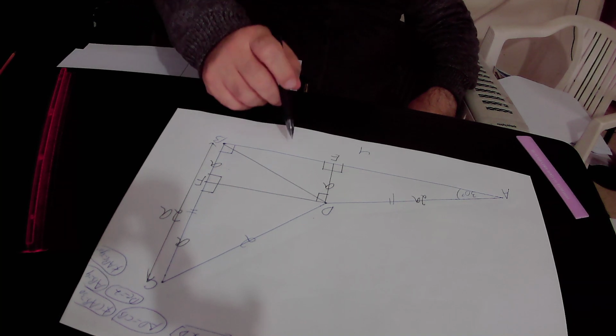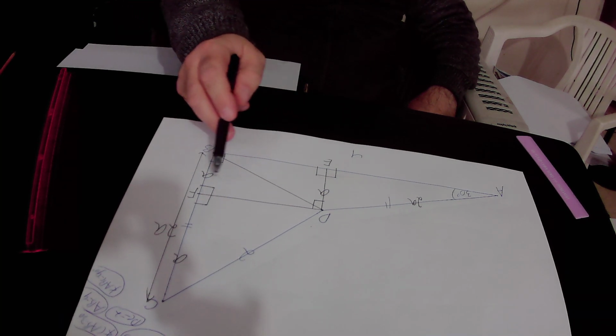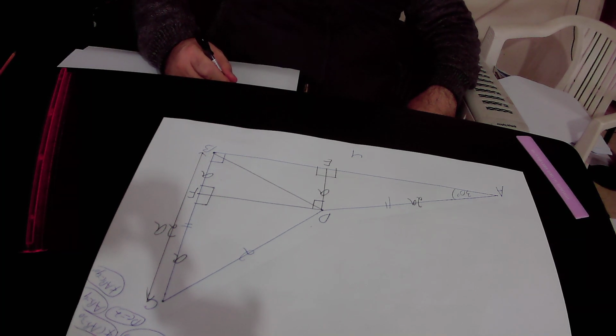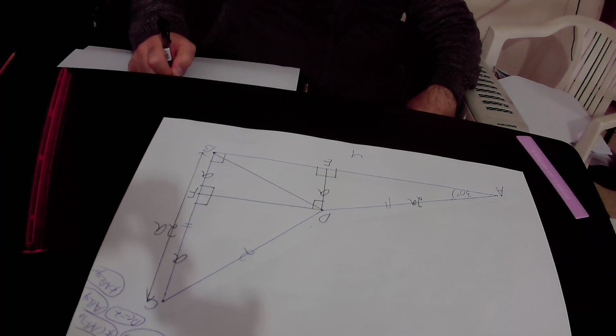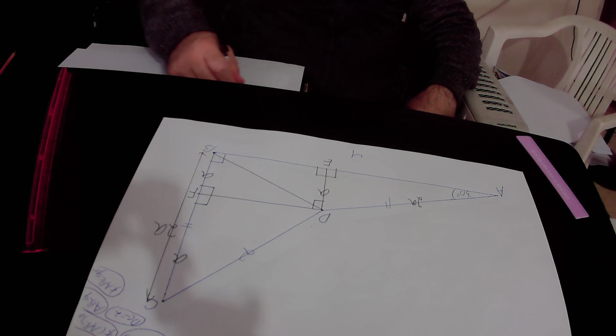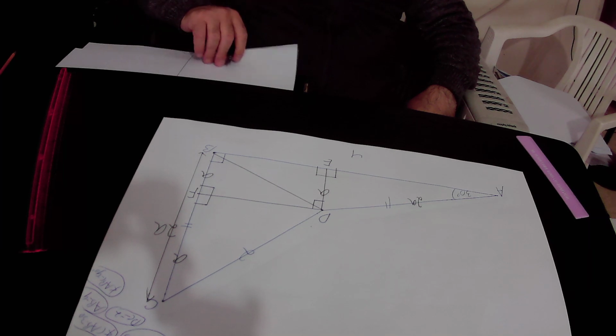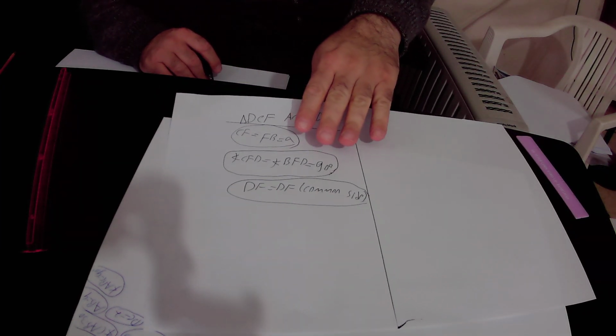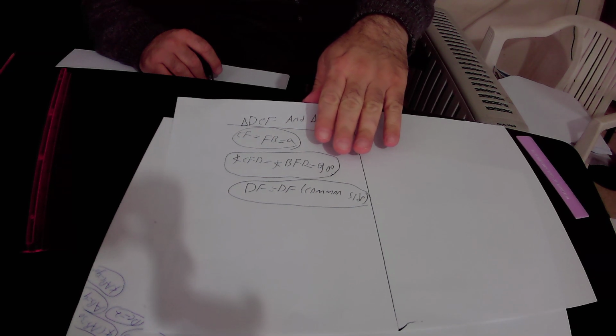And we also have a common side. DF is a common side. It belongs to both triangles, so we can write down that DF equals DF.